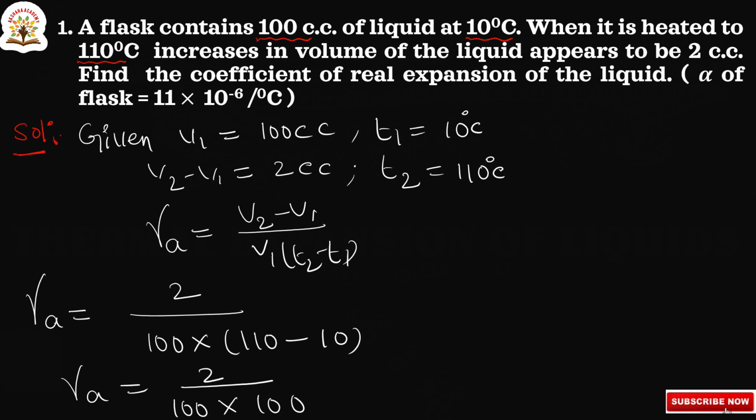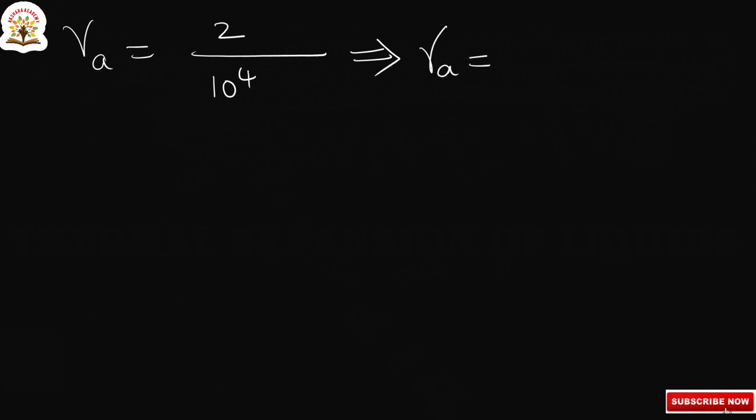So gamma A is equal to 2 by 100 into 100, which is 10 square into 10 square, it becomes 10 to the power of 4. So gamma A is equal to 2 into 10 to the power of minus 4 per degree centigrade.